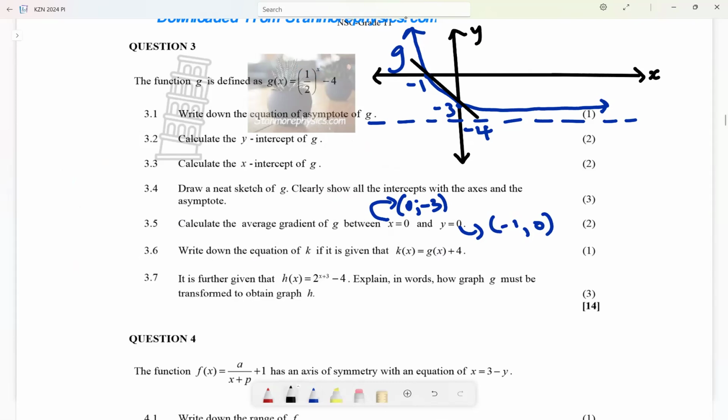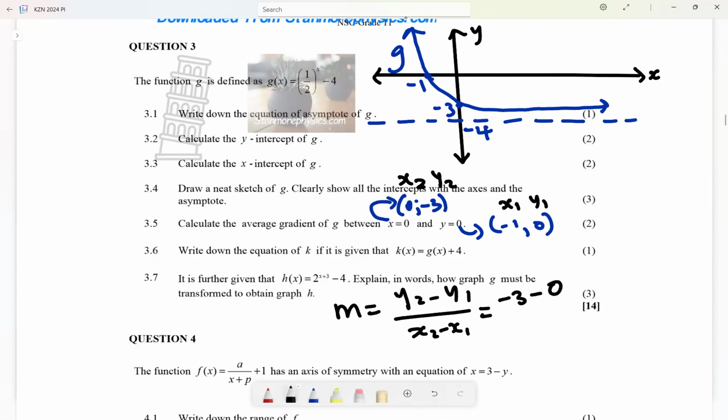Remember the gradient formula: the gradient is equal to y2 minus y1 divided by x2 minus x1. What is y2? Y2 is negative 3, y1 is 0, x2 is 0 minus negative 1. Then you get negative 3 divided by 1, which is negative 3. So that is your gradient, basically.